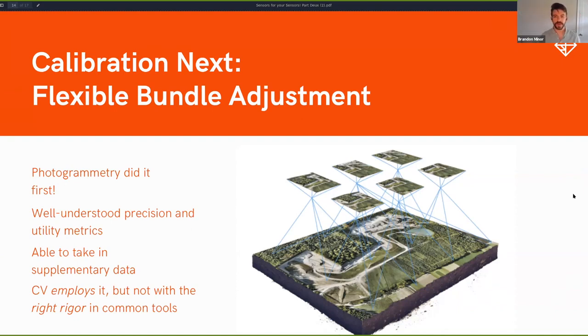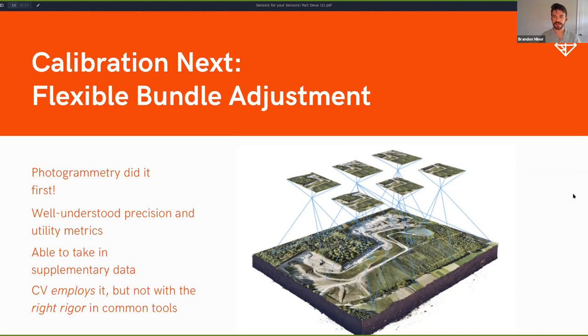The reason it's surprising is that bundle adjustment is used currently in computer vision mostly for camera data, like I said, but it can be extended to a ton of other data systems and sensors. Photogrammetry, if you're familiar with that field, or metrology, did this first. There are some bundle adjustment papers from the 1970s that go into this in incredible detail.